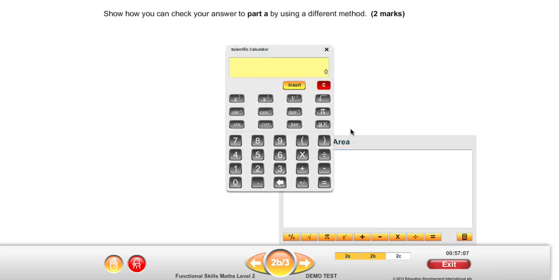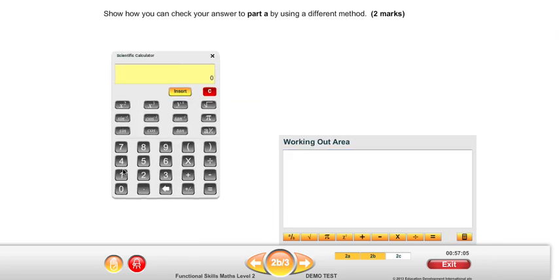The first part of the check will be to start with the answer, which is £161.50. We're going to divide, because we did a times on the forward calculation, so a divide will be the opposite. We divide by £42.50, because we multiplied by £42.50 in the forward calculation, and that equals 3.8.